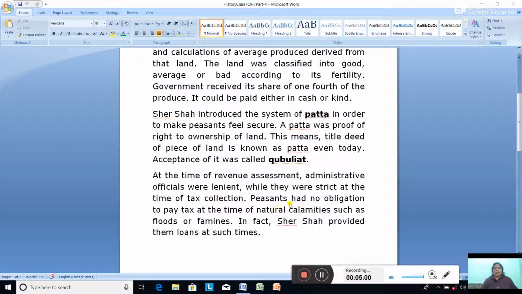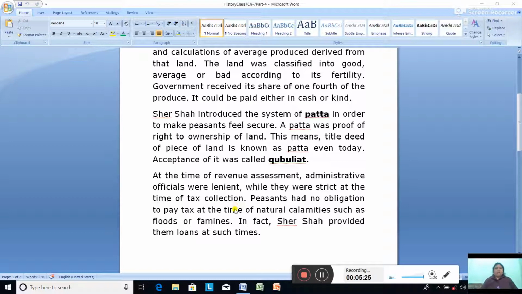Peasants had no obligation to pay tax at the time of natural calamity such as flood or famine. This was the relief given to the peasants, and at such times Shah provided them loans.